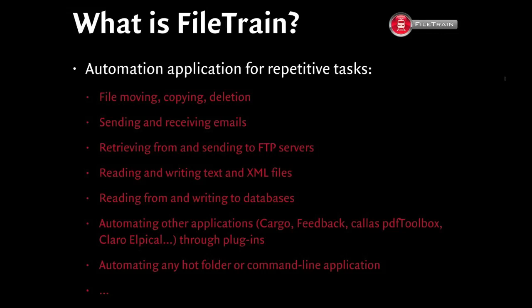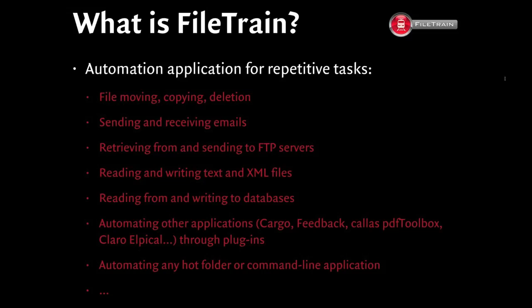And that includes things like moving files about, deleting files, copying, sending out emails, receiving emails, meaning getting attachments from emails, for example, and processing those attachments, getting and receiving files to FTP servers, but also more advanced things like reading and writing text files, reading and writing XML files.